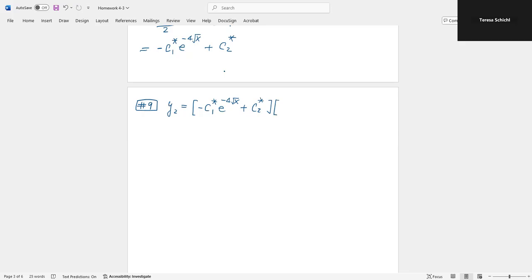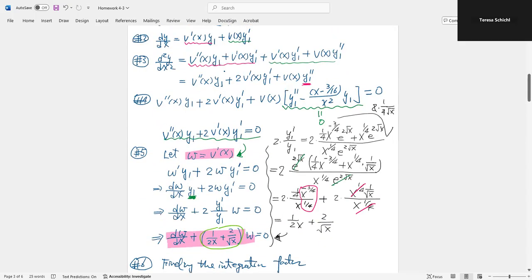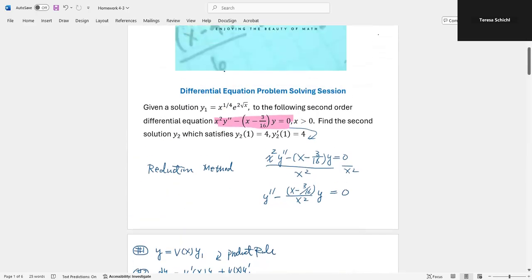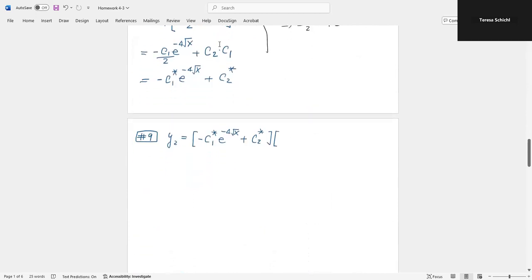What is y1? The problem gives you here that y1 is x to the 1/4 e to the 2 square root of x. So times y1, this is x to the 1/4 and e to the 2 square root of x.